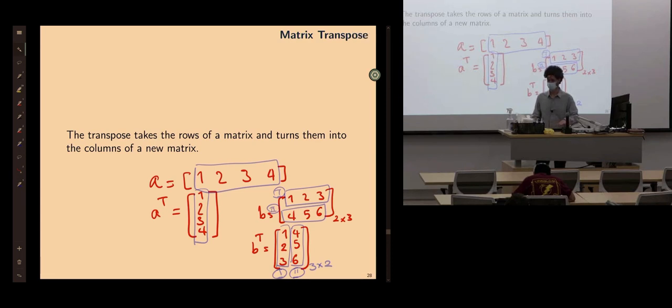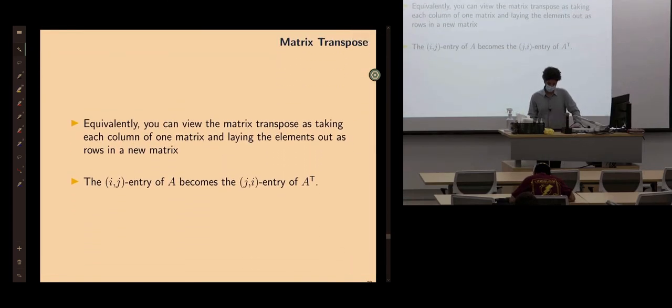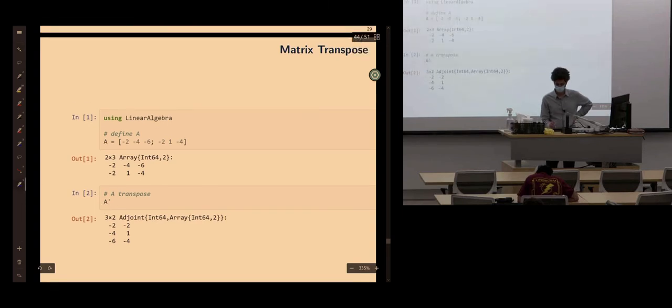And that's called matrix transpose. Now, in general, the ij entry of A will be the ji entry of A transpose. There's a second way of thinking about it too. Now in Julia, what you want to use is the apostrophe. That's the transpose. That little apostrophe is the transpose.